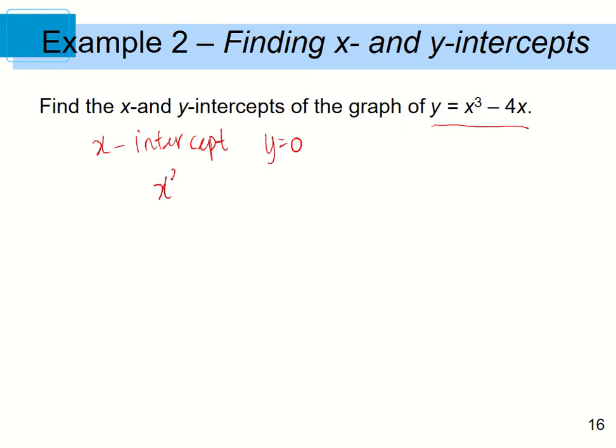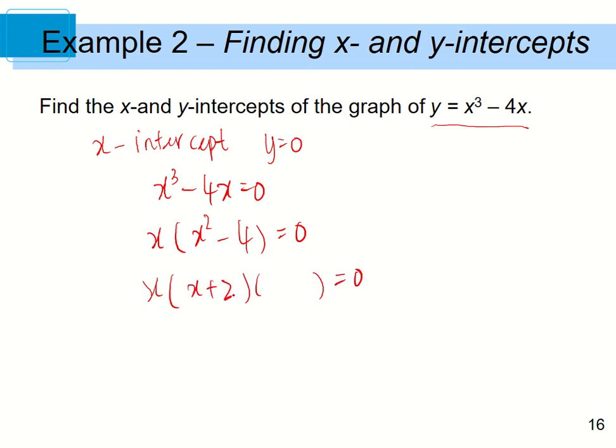Therefore, we have x to the power of 3 minus 4x equals 0. From here we factorize it: we extract the x out, so we have x(x squared minus 4) equals 0. After that, we factorize x squared minus 4 to get (x plus 2)(x minus 2).